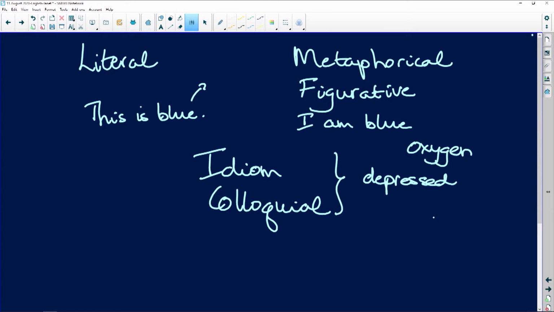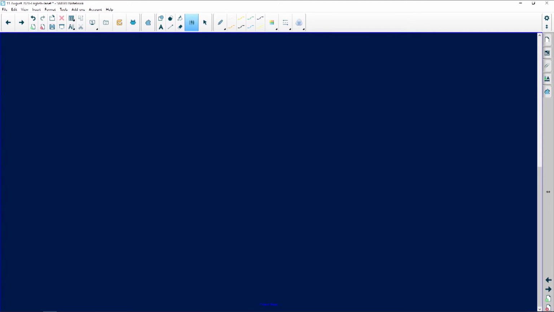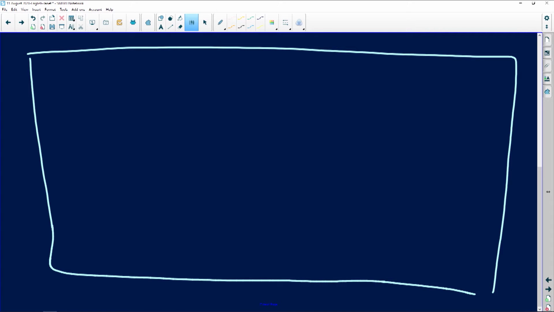So if we move from that to big categories of metaphorical language, and I know I've done this before, but we might as well talk about it again. If you imagine that this is a big category called metaphorical language, and specifically figures of speech that use metaphor in some way, I usually put metaphor at the top like that.